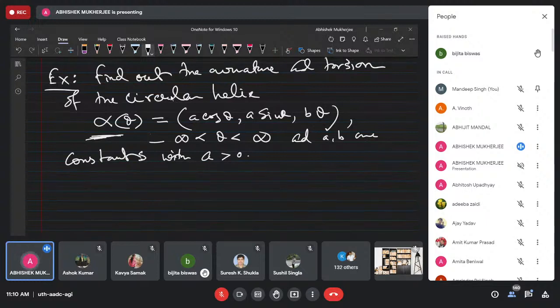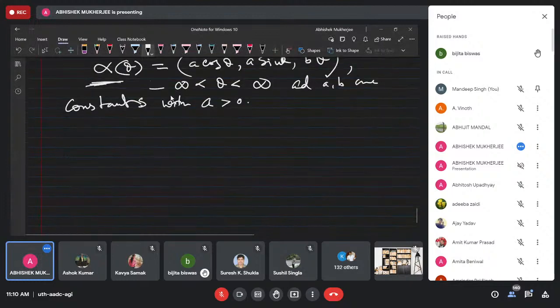If you take the ratio of curvature and torsion, that will be a constant. Okay. So let's move to prove the most interesting theorem, that I have already said, the fundamental theorem of space curves, right?